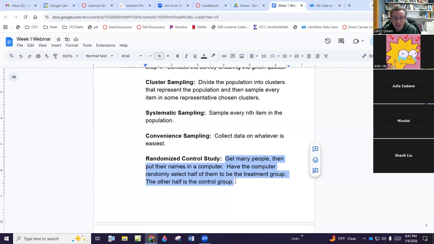And they looked to see the percentage of people in the treatment group that ended up getting COVID in those next couple months versus the percentage of the people in the placebo or the control group that got COVID. Does that make sense? And what they found out is that the percentage of people who got COVID in the treatment group was much smaller than the percentage in the placebo or control group.